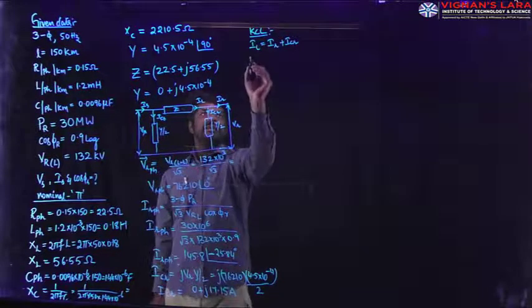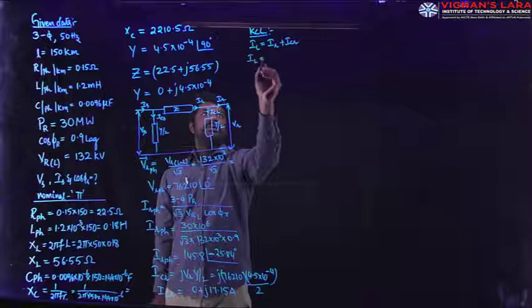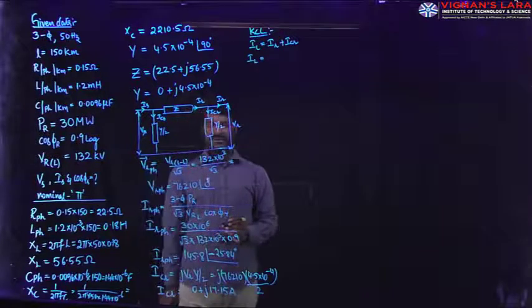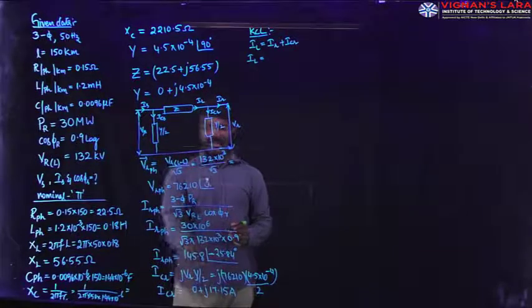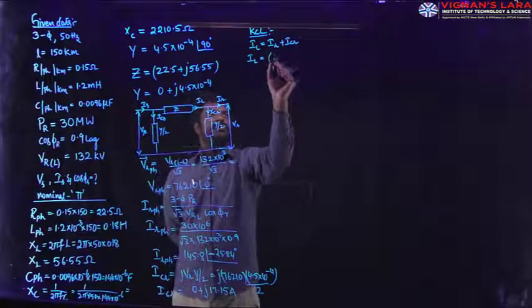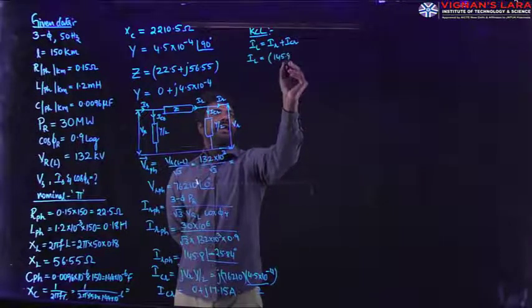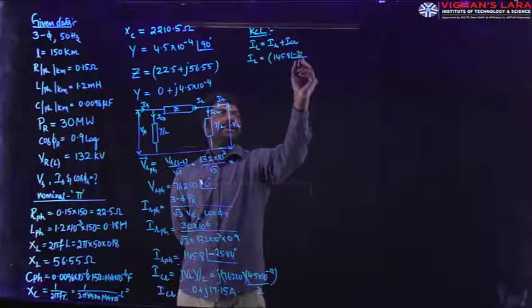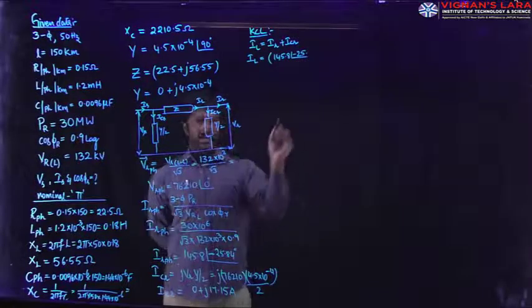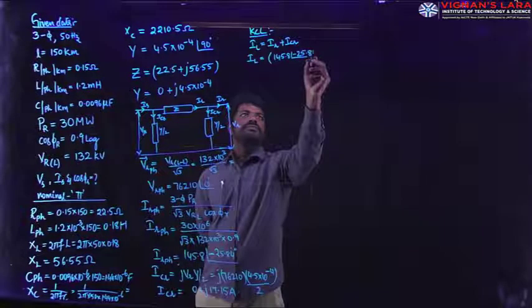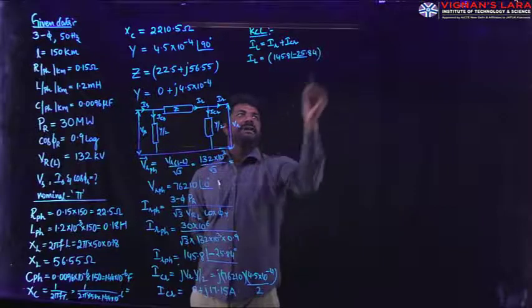Then what is IL? IL is equal to, the IR is a phasor which is represented with a lagging angle, having a magnitude of 145.8 at an angle minus 25.84. This much amount of lagging current is there.